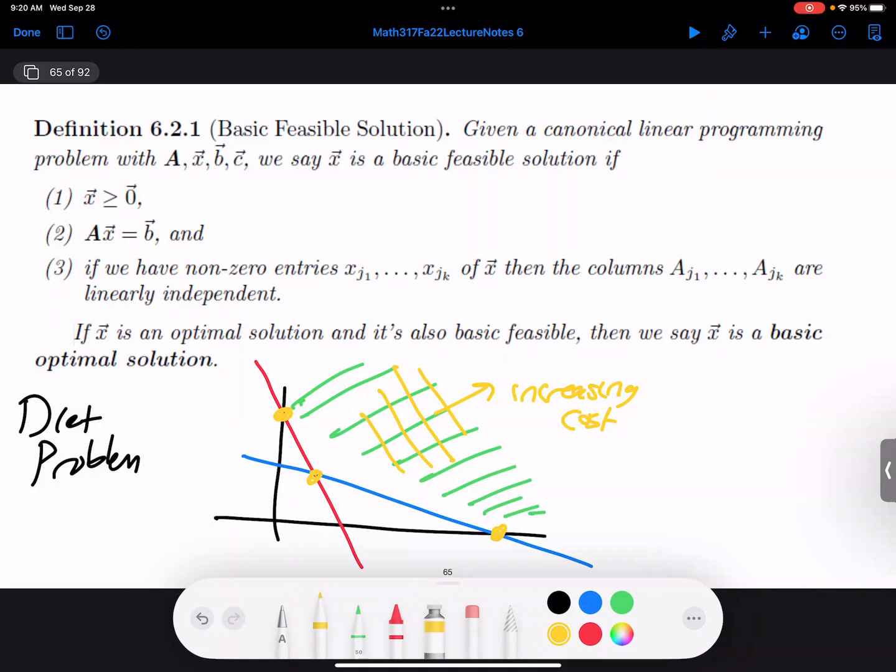If the cost line is parallel to one of the... Good. If the cost line is parallel to one of the constraint lines, then you would actually have an entire region where they would all be the same cost. But in that case, the point of intersection would also still be a point of lowest cost. So we're not saying that these are the only points that have the lowest cost. What we're saying here is it's enough to check just these points.